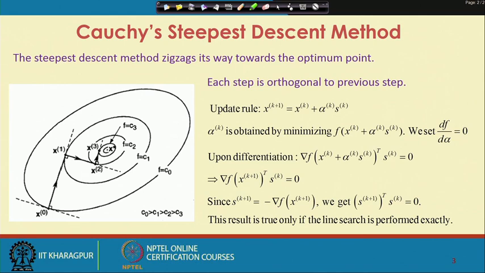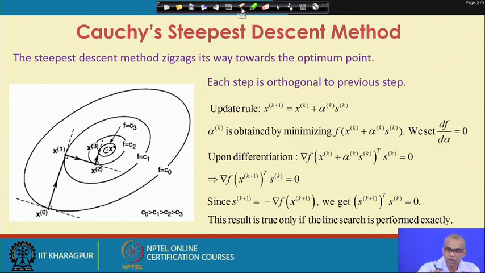In other words, each step is perpendicular to the previous step. So, the entire sequence of paths will look like a zigzag. This can be very easily shown.